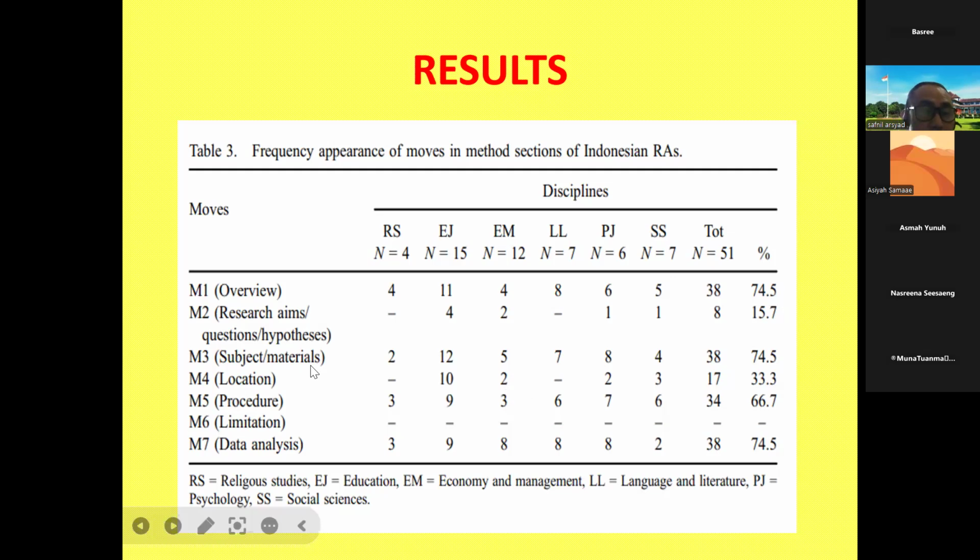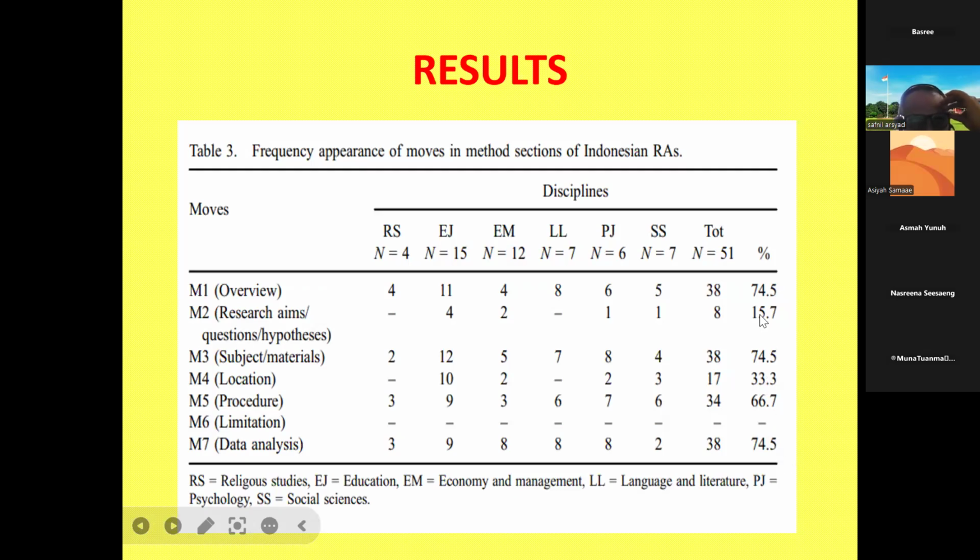And also the subjects and materials. The subjects and materials is like the population and samples, or the research materials, what we analyze. Also 74.5%. And the next is the procedure, the steps of collecting data, or the steps of data analysis, the steps of research. And also data analysis procedure, move seven.